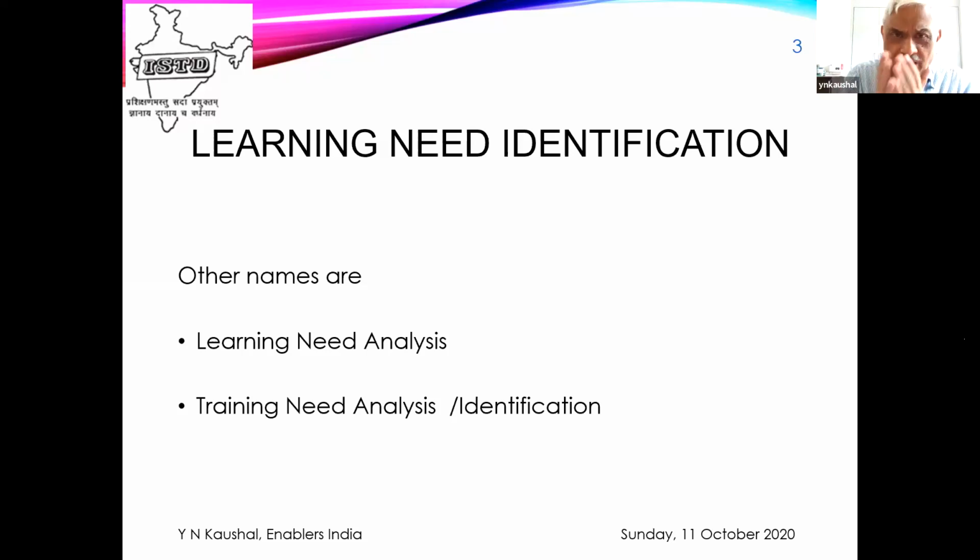So we focus more from the point of view of the learner, and we try to identify what is called the learning need identification. The other terms could be learning need analysis, or training need analysis, or training need identification, whatever term you want to use. That's the way we'll go forward.